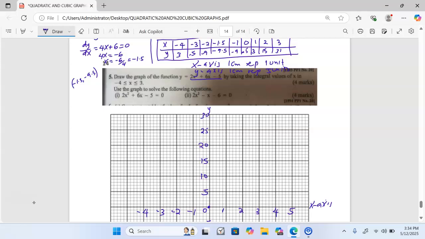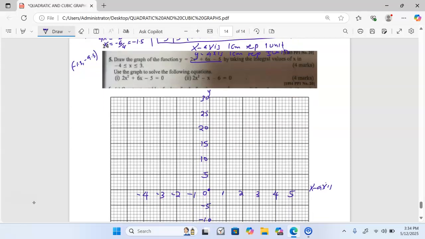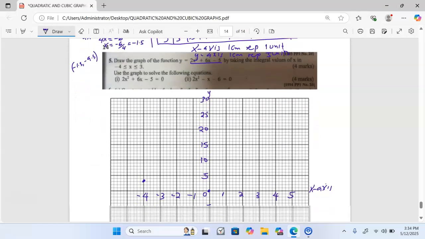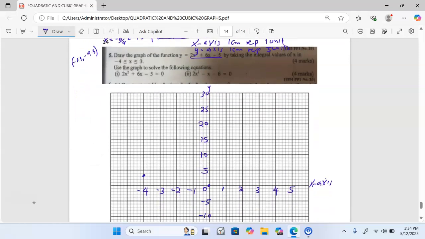When x is -4 here, the value of y is +3. +3 is that is -4, 1, 2, 3. +3 is here. When x is -3, y is -5. -3, we go to -5 here.